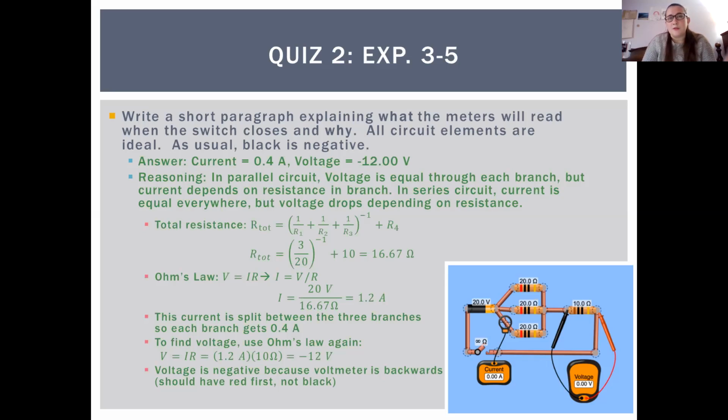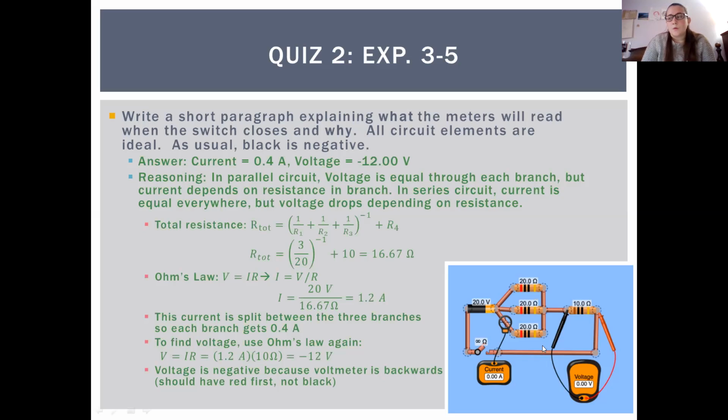Pretty much all of those quantities behave differently in series versus parallel circuits. So in a parallel circuit, which comes first here, the voltage that goes into each branch is equal, but the current is not necessarily equal through each branch. The current that goes through each branch depends on the resistance that's in that particular branch.